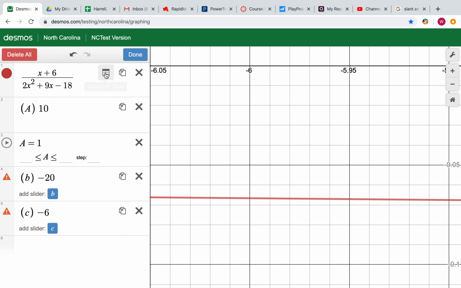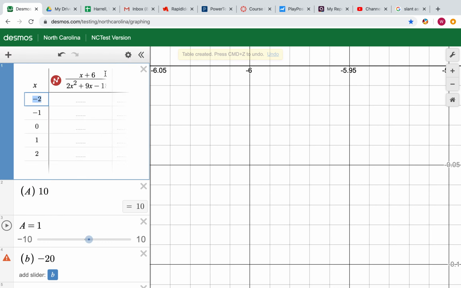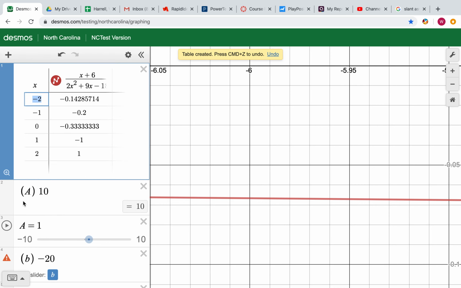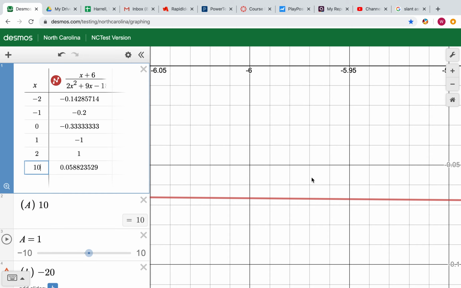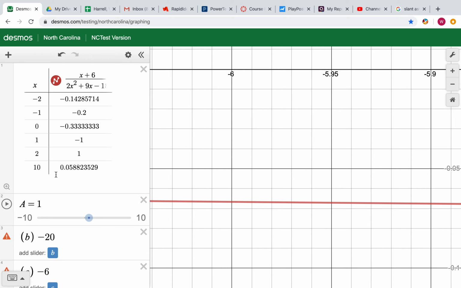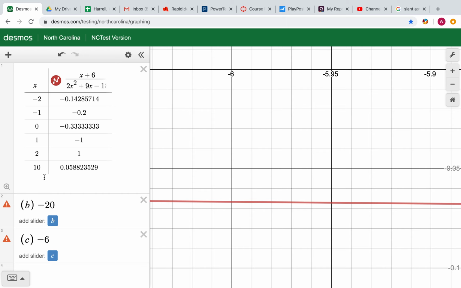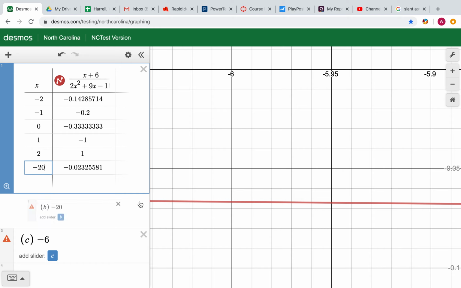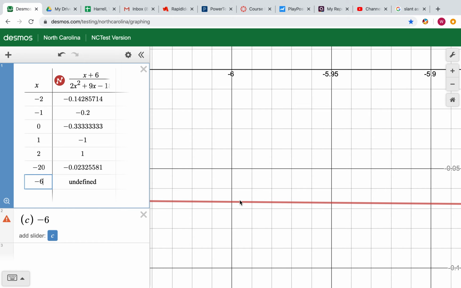So I'm going to go to my table, and if I say there's a hole at 10, and it gives me a value, remember when I was here, it gave me a dot, and the dot said undefined. So if it gives me a value, it's no good. If I go -20, it gives me a value. -6 gives me undefined, but it looks like it actually goes there.